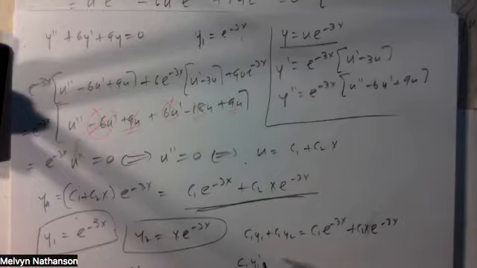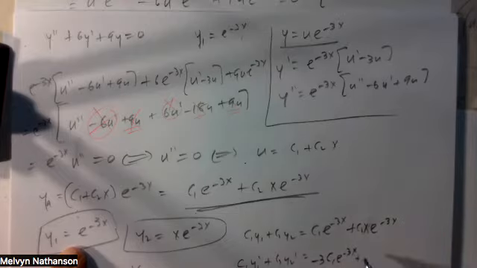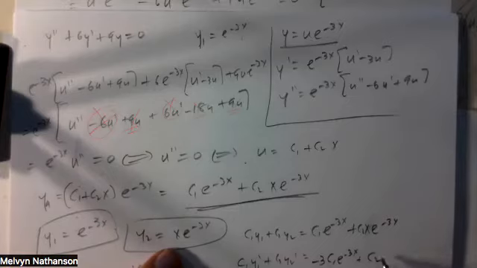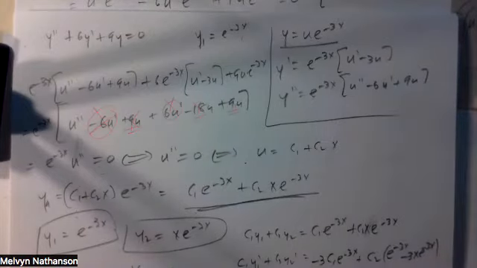And C1 y1 prime plus C2 y2 prime. If I differentiate y1, I get minus 3C1 e to the minus 3x. And if I differentiate y2, I get e to the minus 3x minus 3x e to the minus 3x.